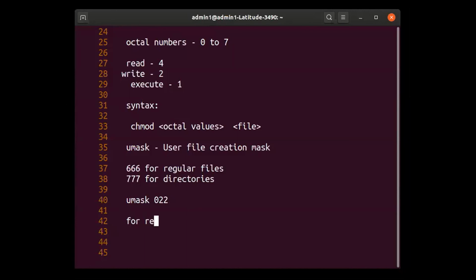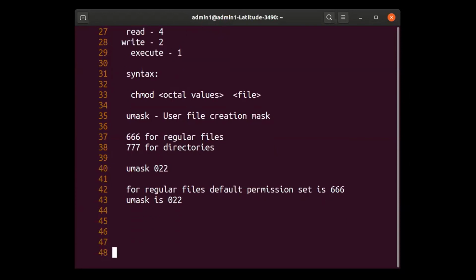You can make a note: for regular files, the default permission is 666. Now umask is 022.